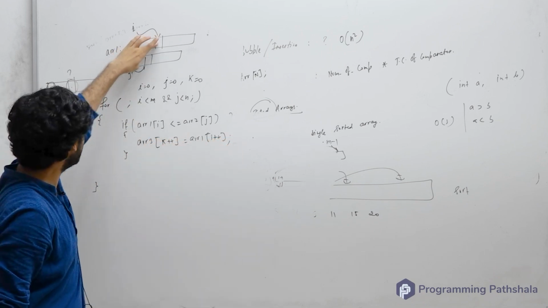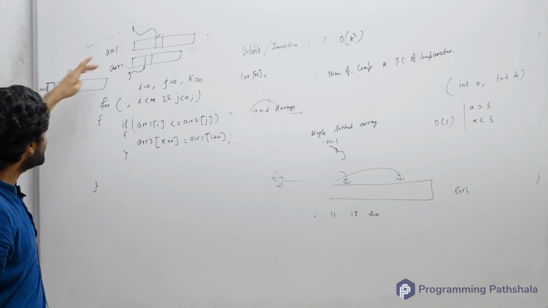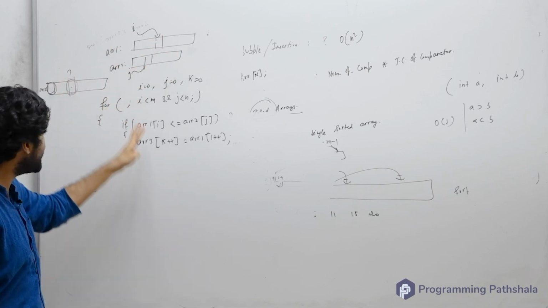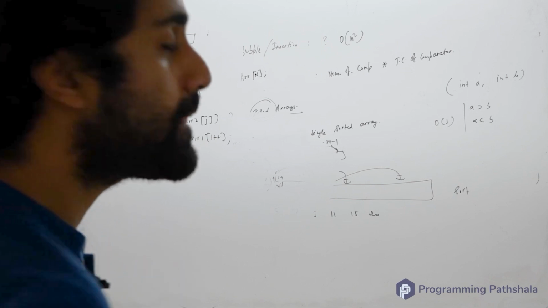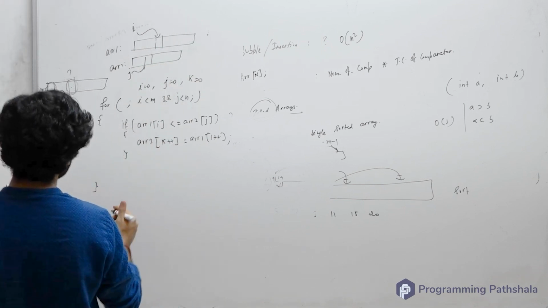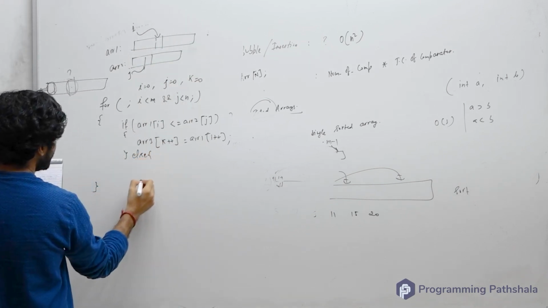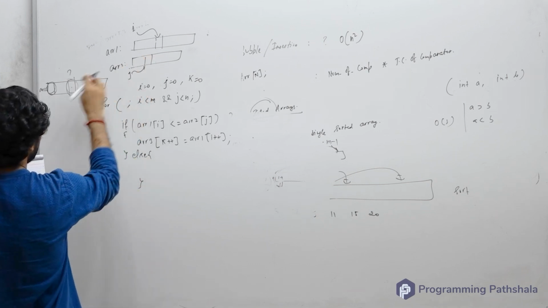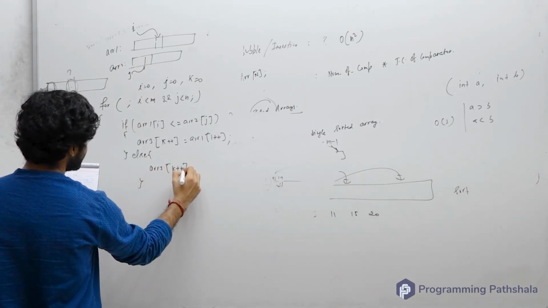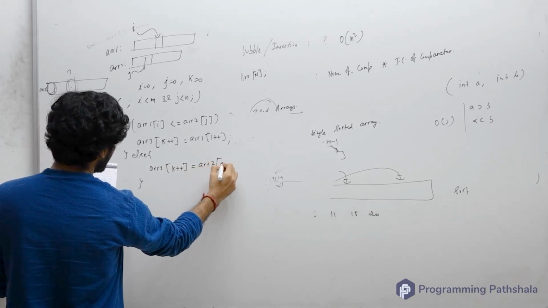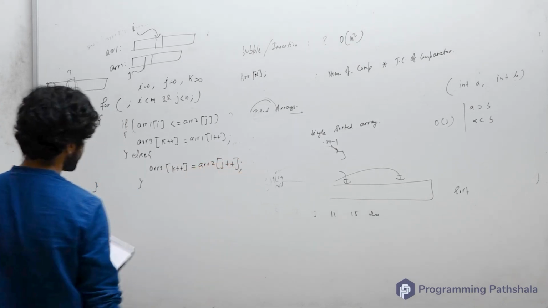It positions that element at its corresponding place and increments this pointer and increments that pointer also. So all of those are happening in just one line. Okay, cool. Otherwise what you have done? Otherwise you would have placed this element at the kth slot. So you would have said array 3 of k++ equals array 2 of j++ in this case.